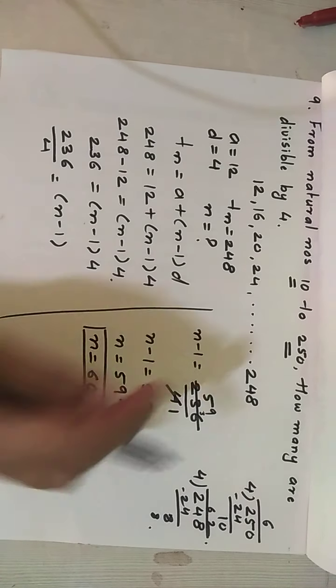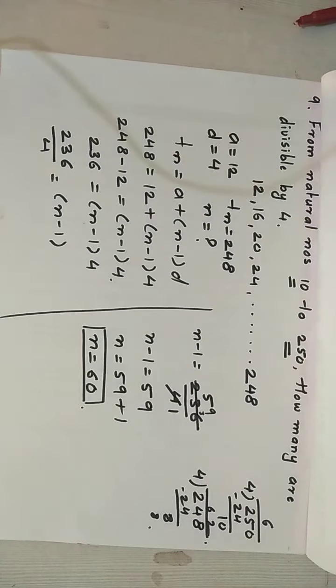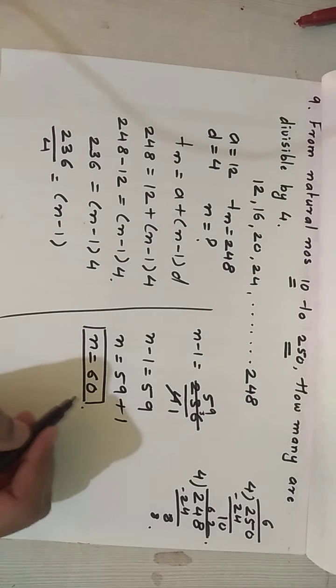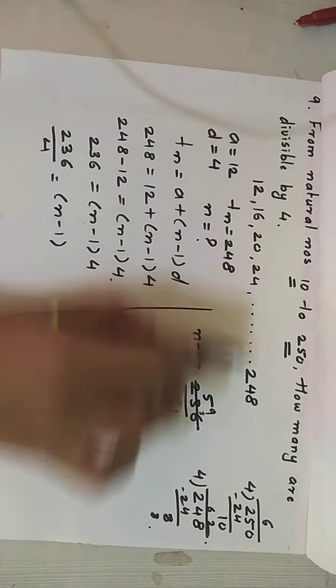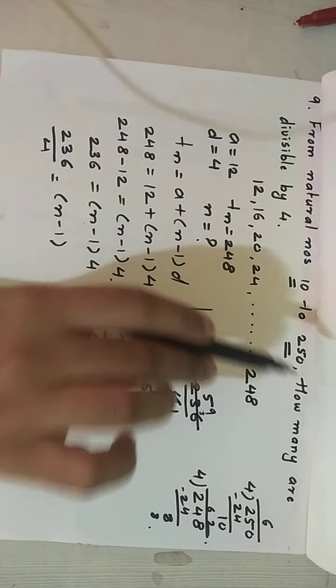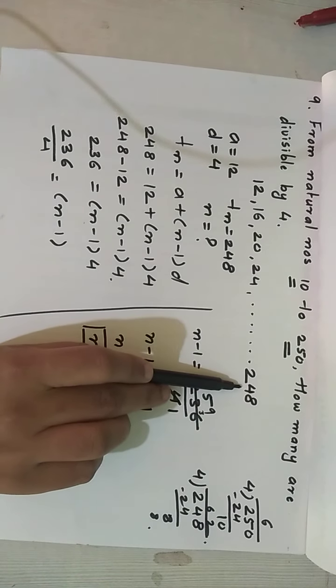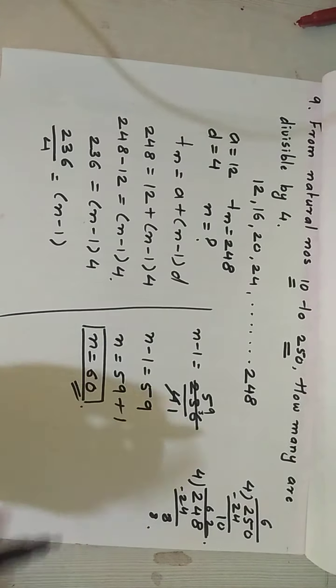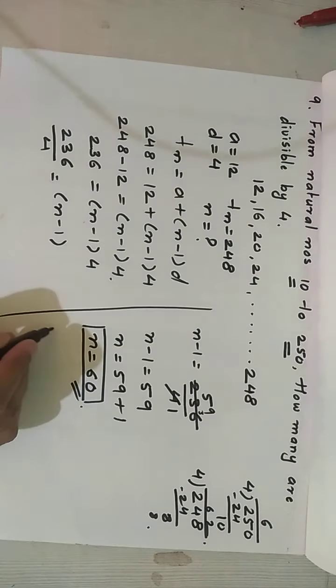That means what is the position number of 248? 248 is standing on the 60th position. That means these are how many numbers in all? This is first, second, third, fourth, and so on. This is the 60th term. So we have total 60 numbers over here.